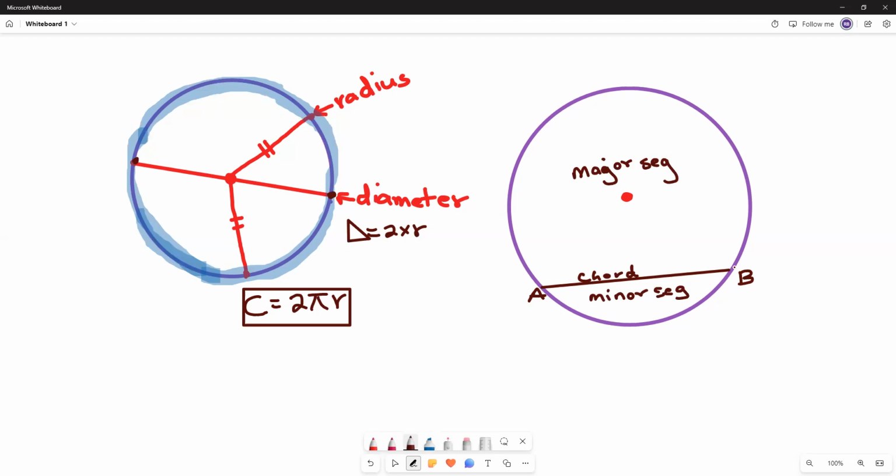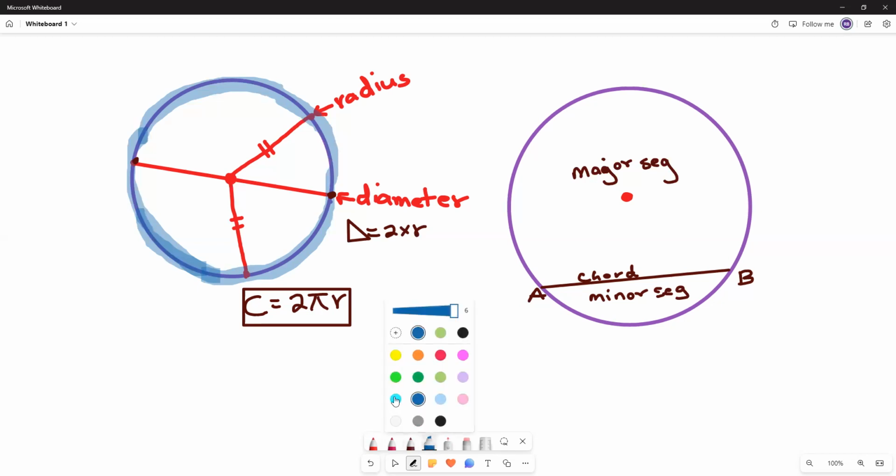Perfect. And then we have what we call an arc. An arc of a circle is a piece of a circle. A chord cuts the circle into 2 arcs. I'll show you now what I mean. Let's use a highlighter here.